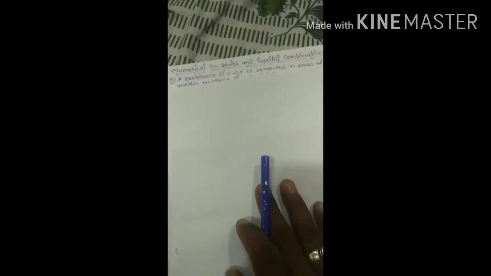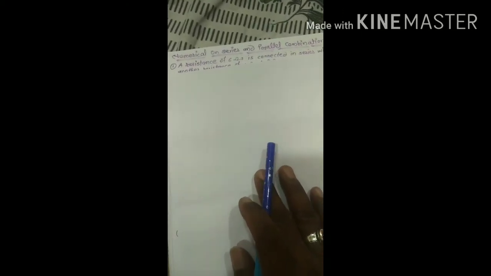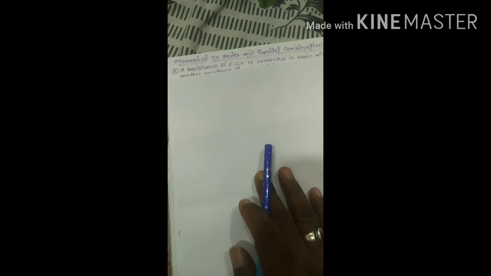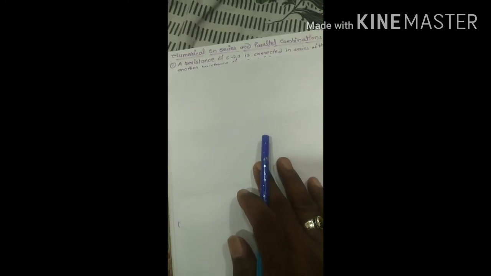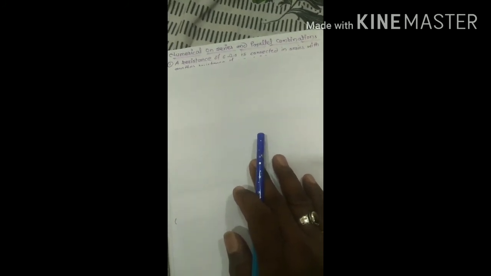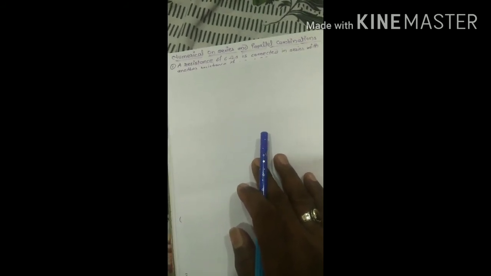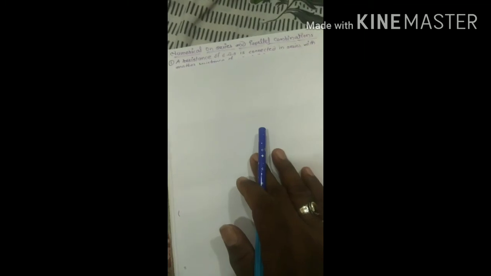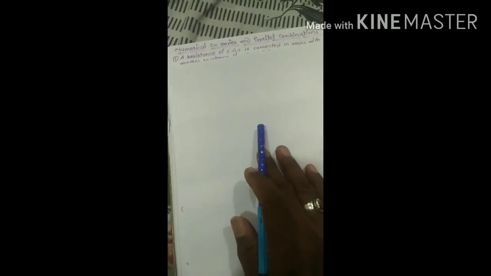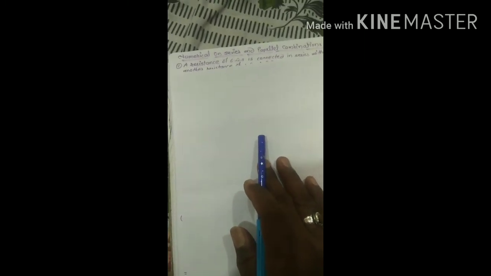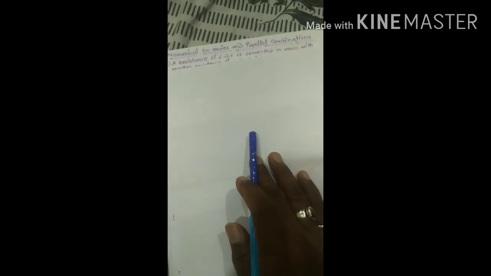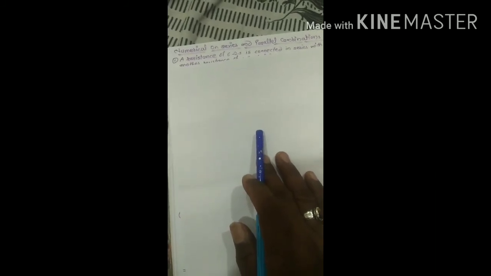Hello students, in the last video we discussed series and parallel combinations, their characteristics and how to derive the expression for total resistance when the resistors are connected in series and parallel combination.